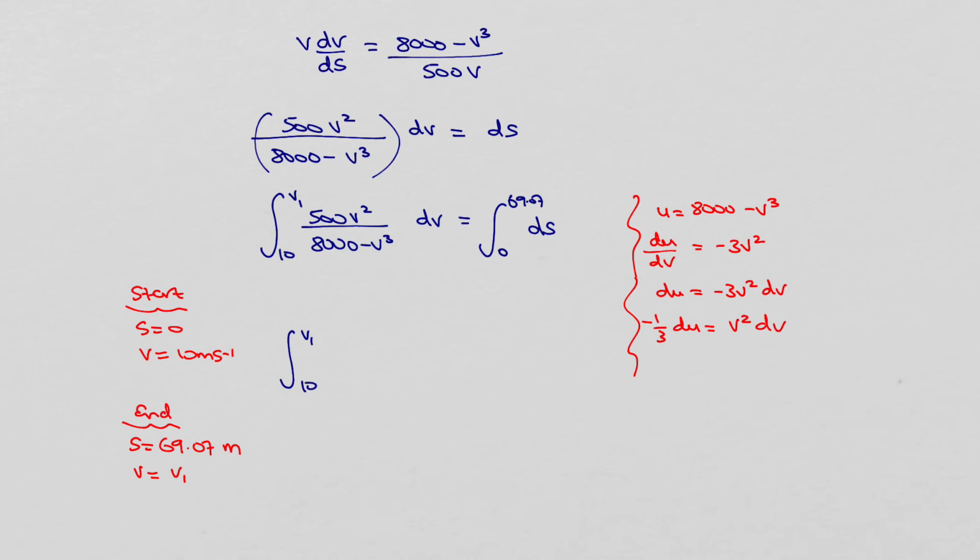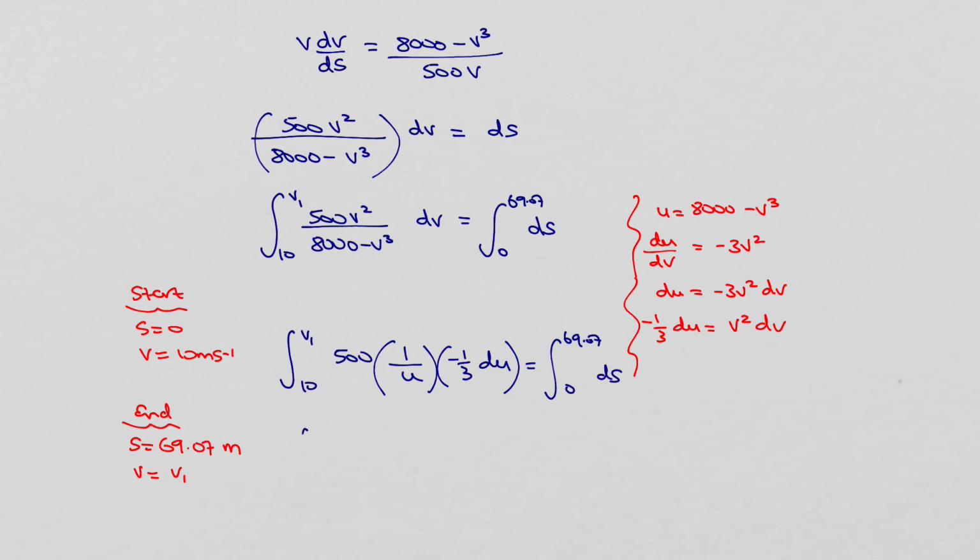If we take out the 500, we're left with 1 over 8,000 minus v cubed, which is going to be 1 over u. Our v squared dv is going to become minus a third du. And the right hand side is fine.